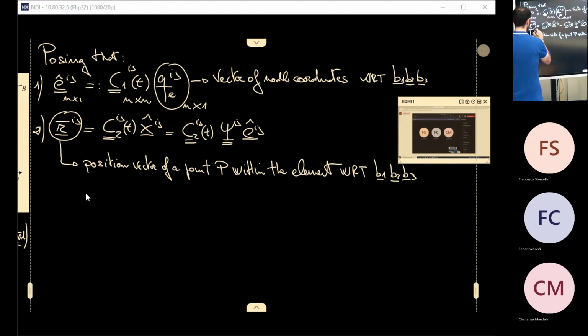And again, since here we have a position vector in space which typically has a dimension 3 times 1, and this is basically a 3 times 1, this must be maximum dimension 3 times 3. Okay? All right.